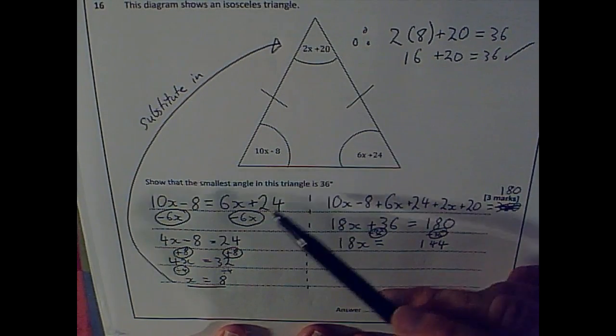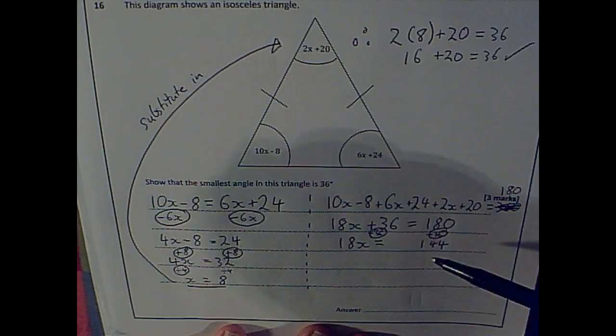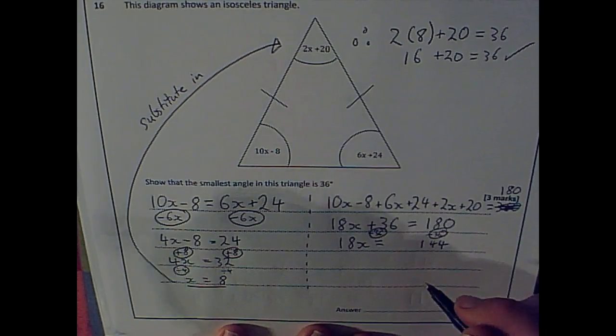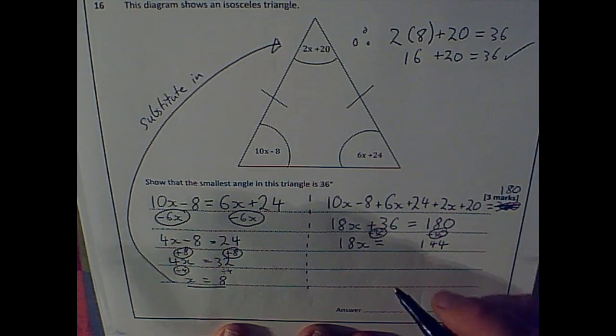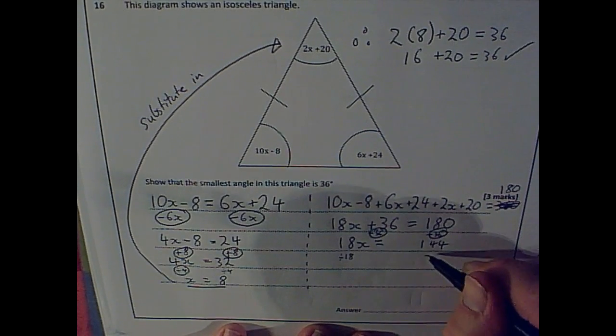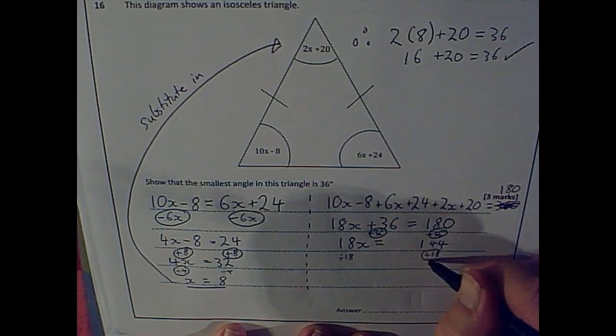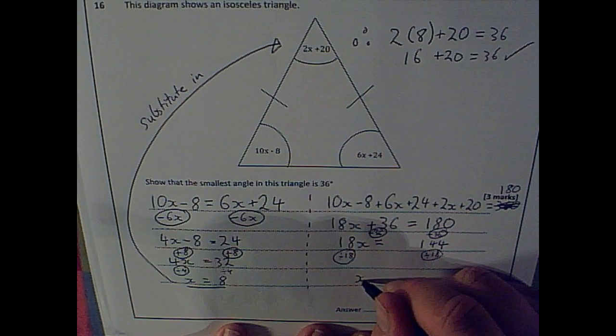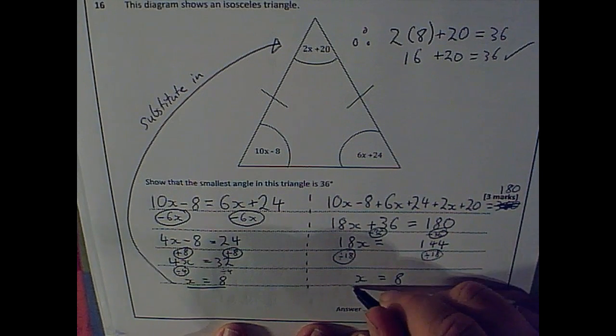That's probably why I might prefer this one, because it goes in exactly 8 times. So if I divide by 18, I've got x equals 8.